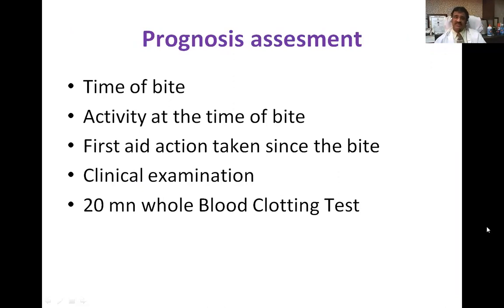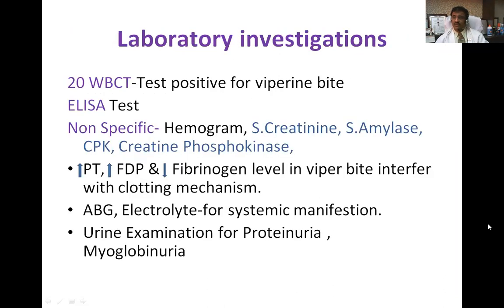Prognosis can be assessed as per the time of bite, activity at the time of bite, first action taken since the bite, clinical examination, and whole blood clotting test, to assess whether the person is going to succumb to it or not. Laboratory investigations have to be done, like WBC count, for viper bite, tests like hemogram, renal function test, bleeding time, clotting time, platelet counts.